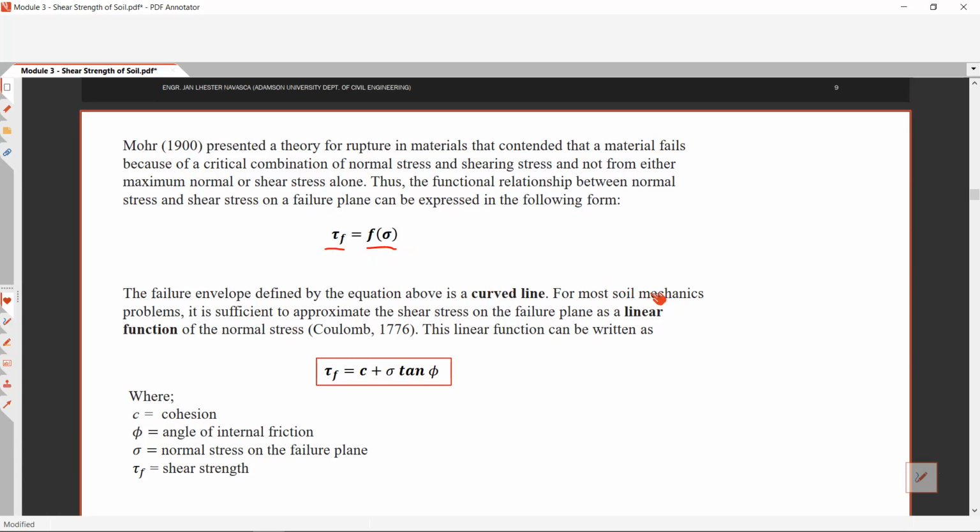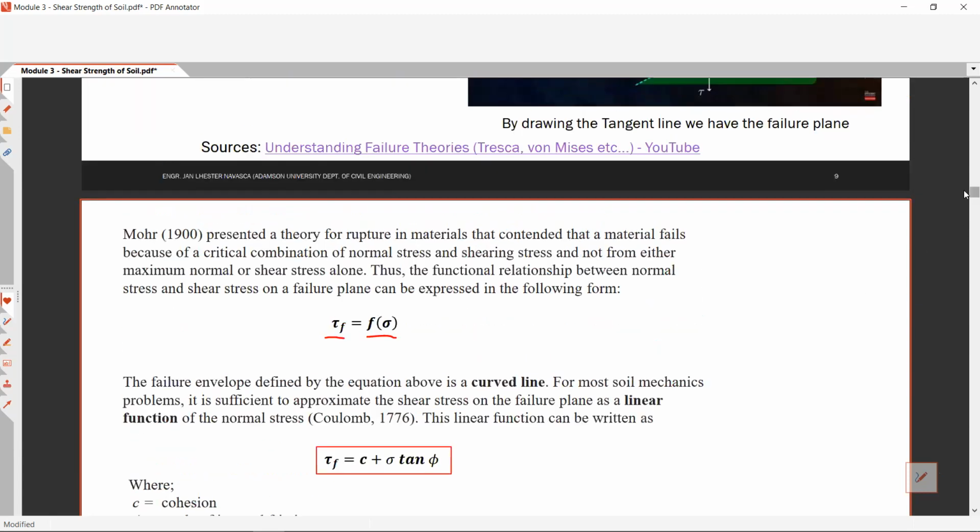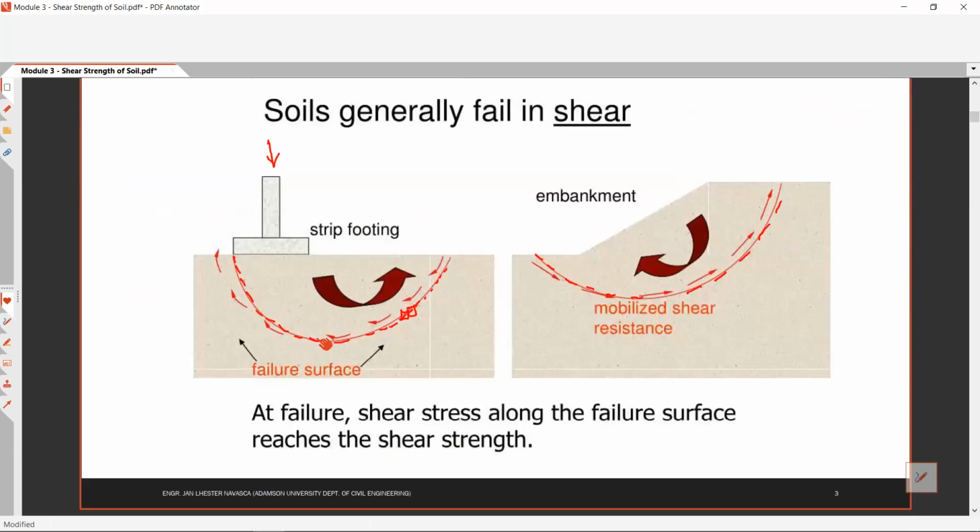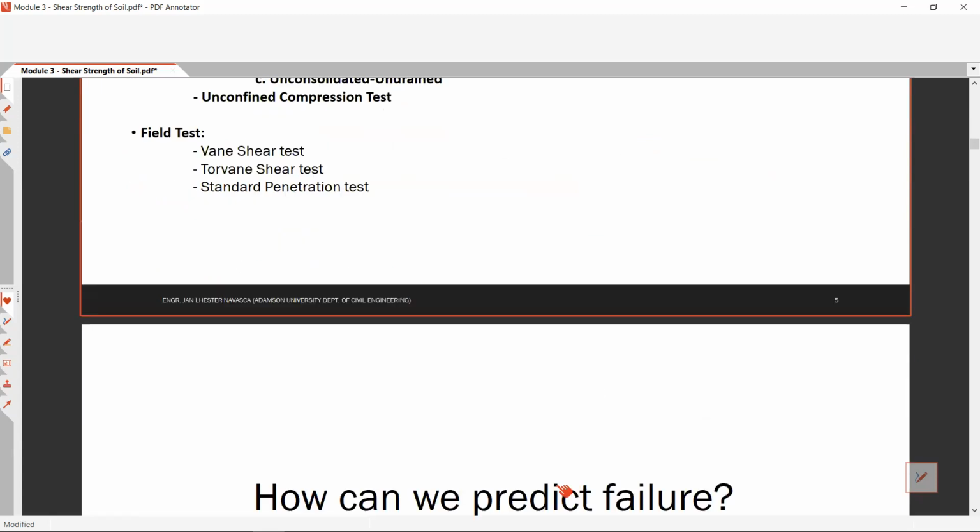For most soil mechanics problems, it is sufficient to approximate the shear stress on the failure plane as a linear function. If you recall the failure plane natin kanina, this is a curved line, di ba? So in most soil mechanics problems, ina-approximate nila ito as a straight line para mas madaling ma-understand yung problem or mas madaling ma-solve yung problem.